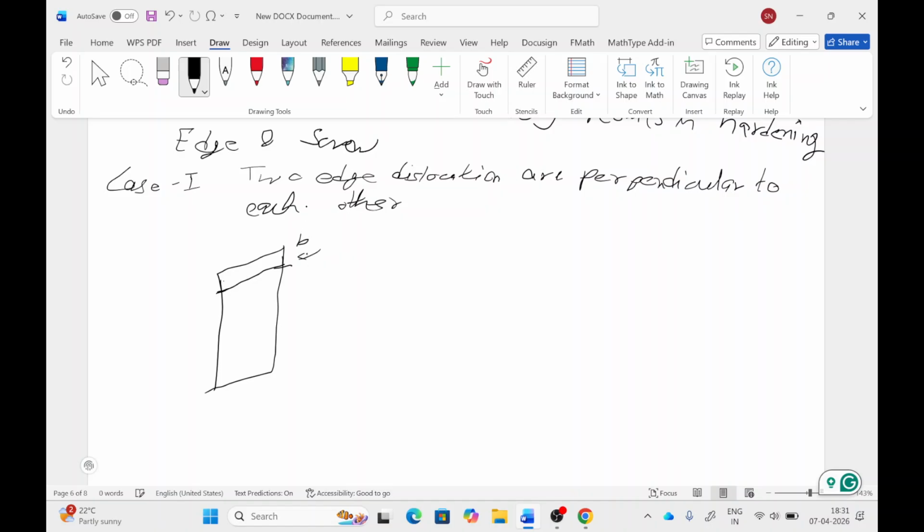You can see B1 E, E for edge dislocation. So B1 is the Burgers vector for this dislocation line, and on the second plane, the dislocation line is this, with Burgers vector B2 E. So both are edge dislocations, and the motion of this dislocation line is downward, and this dislocation line is moving forward.